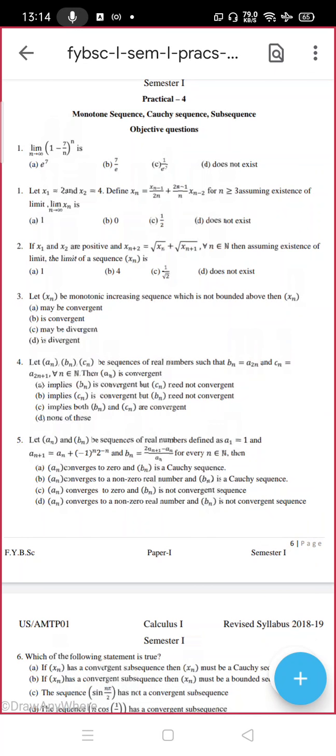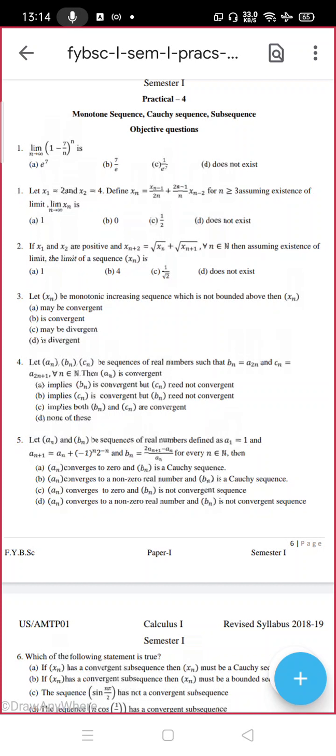Yeah, tell me what next. Where does this limit converge to if you are given this thing? Yeah, that's a nice question. 0. Why?